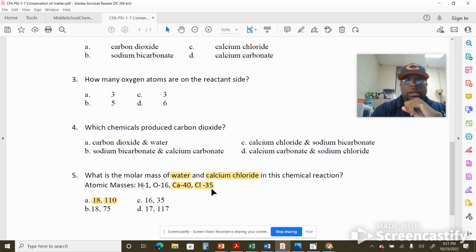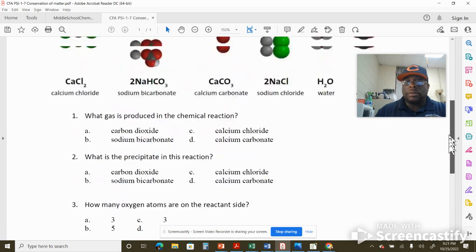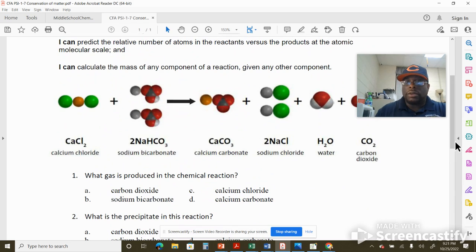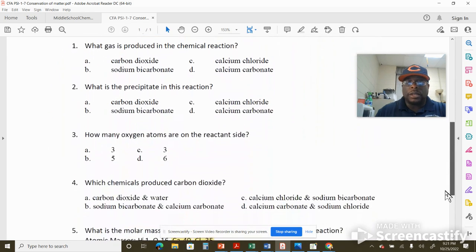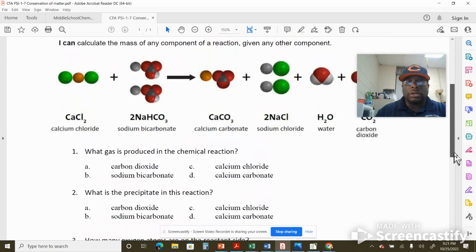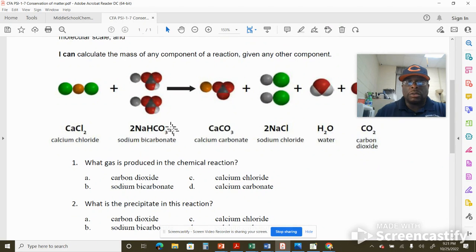Of course, calcium chloride and sodium bicarbonate produce all these products in the reaction. Okay, so the most important part is to understand that whatever I have on the left side of the reaction is supposed to be on the right side of the reaction.